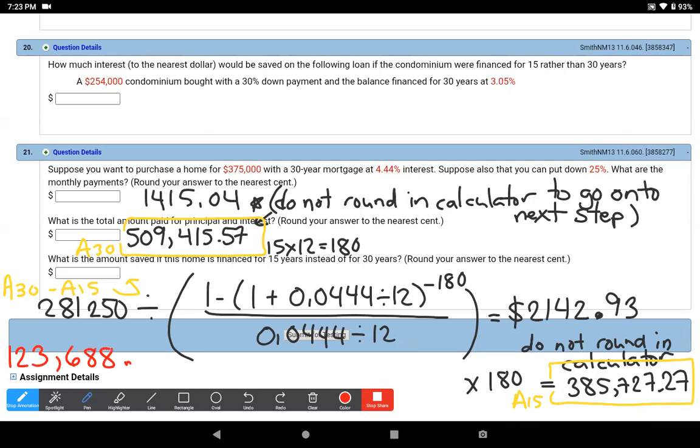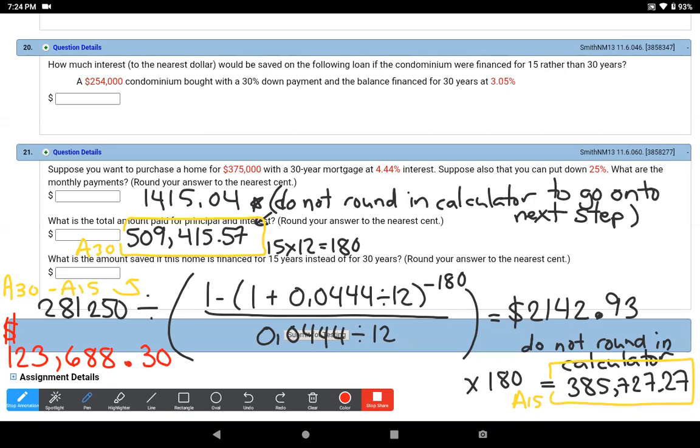688. I get 30 cents. The book's got 31, right? So I'm only a penny away from them, but it's because I didn't round in the calculator at all. If I had, I would be way off, right?